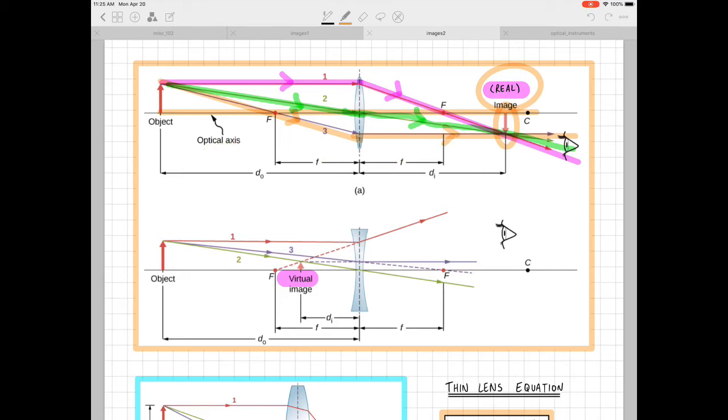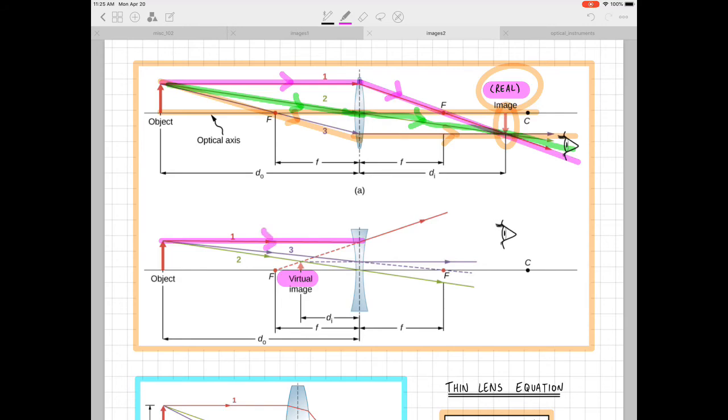And so look down at the second figure here, and we've got a diverging lens, and so we're going to do the same procedure. The three principal rays that we can draw so that we can figure out where does the image of this object form. So ray 1, parallel to the optical axis.